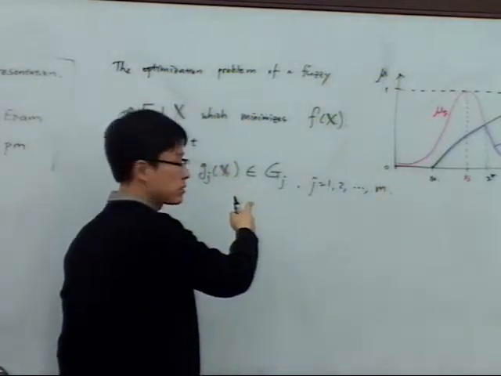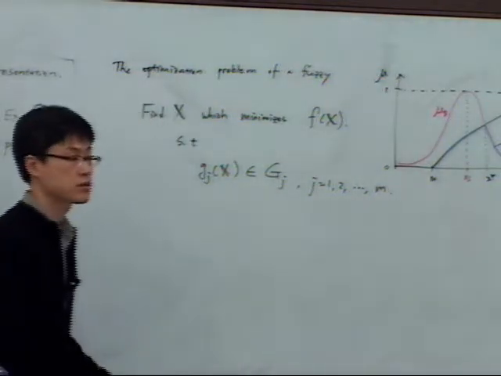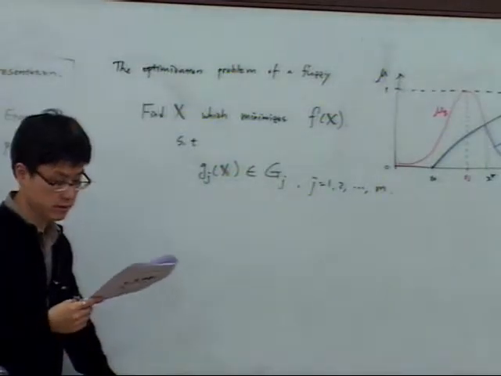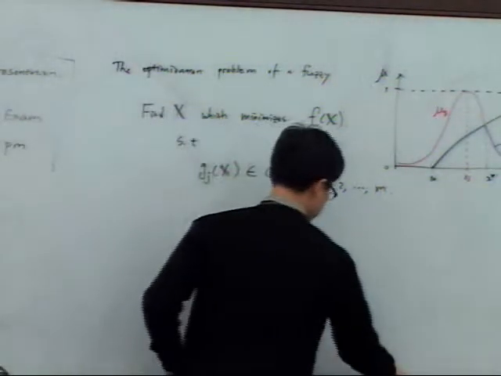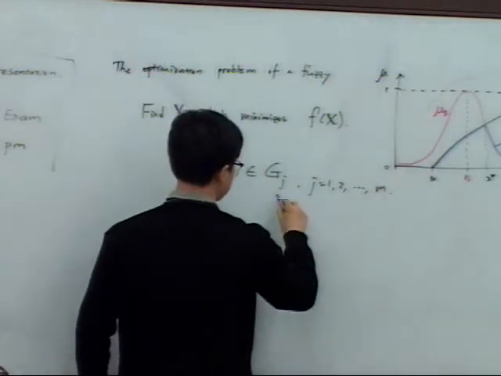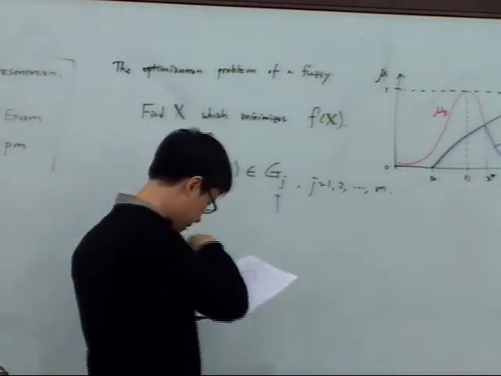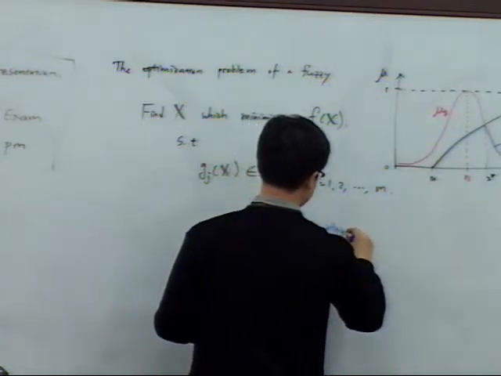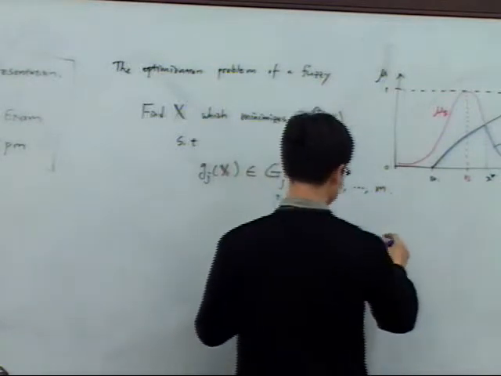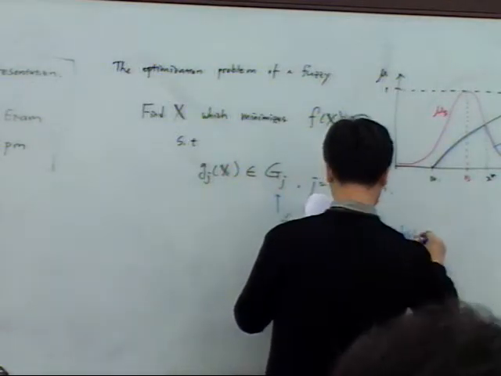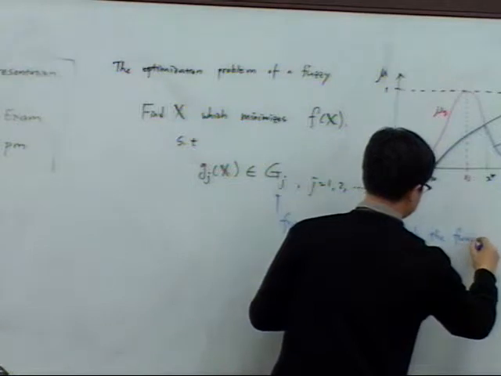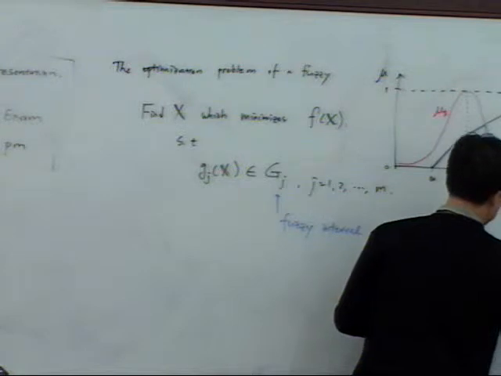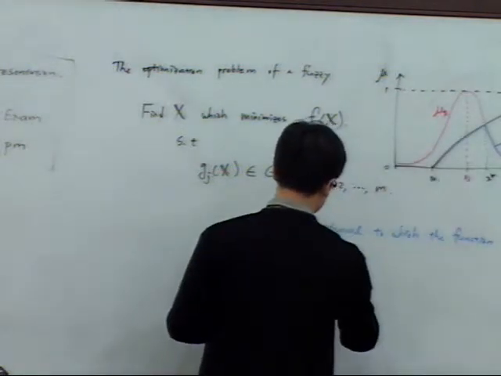Each of these constraints should belong to large G sub j for many number of constraints. This G sub j is called a fuzzy interval to which the function G sub j of x should belong.